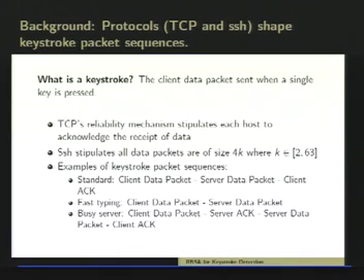And TCP's reliability mechanism stipulates that there will be an acknowledgement of that data receipt. So a standard keystroke packet sequence will be a client data packet, a server data packet, followed by a client acknowledgement packet.